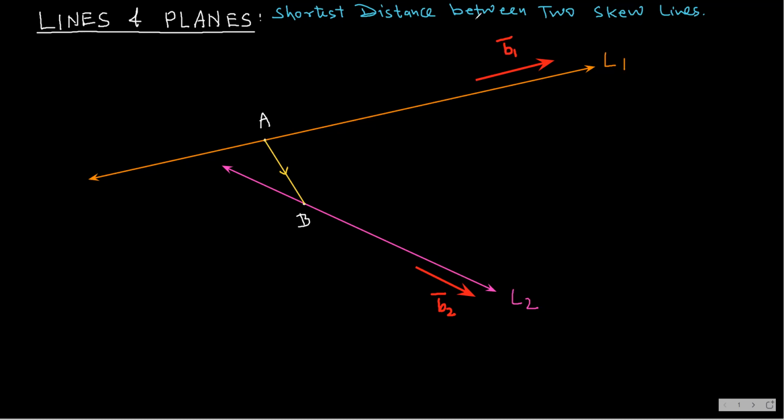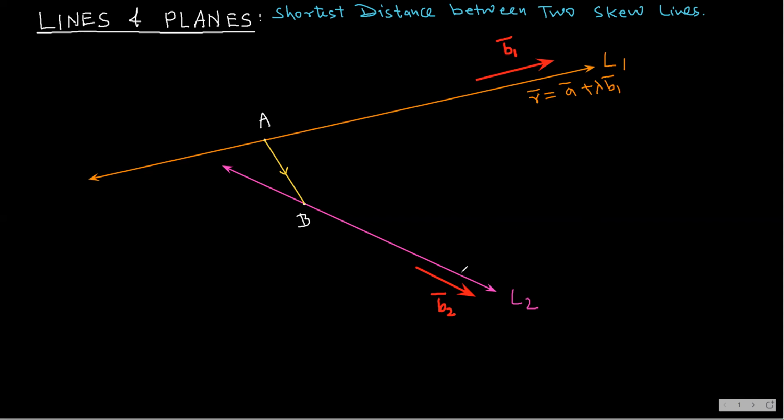These are two skew lines. I'm given the equation of line L1, and the L1 equation is R bar equals A bar plus lambda B1 bar. In this equation, A bar is the position vector of a given point on the line, B1 bar is the vector parallel to L1, and lambda is the parameter.